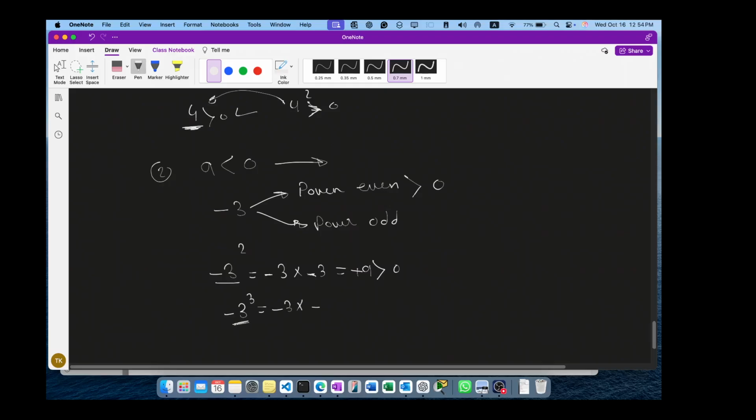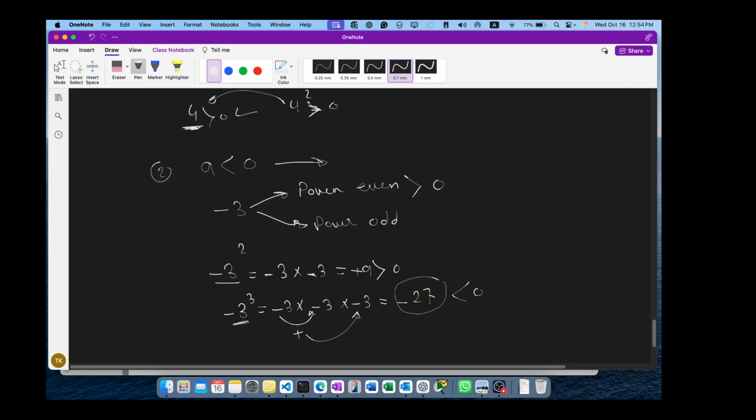Minus 3 times minus 3 times minus 3. Minus times minus is plus, and plus times minus equals minus. Minus 3 times 3 is 9, times 3 is 27, so minus 27.